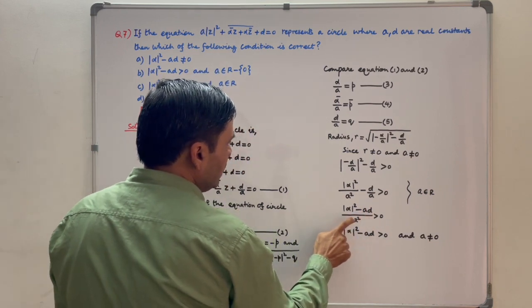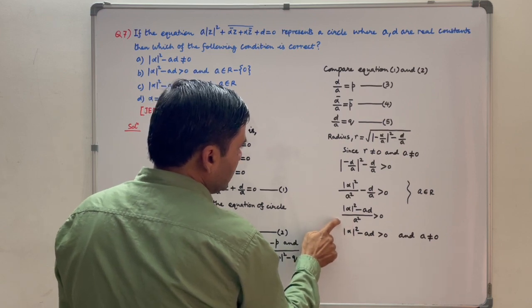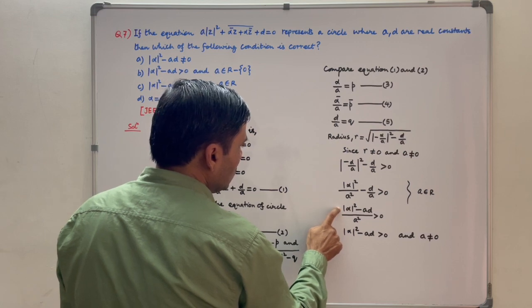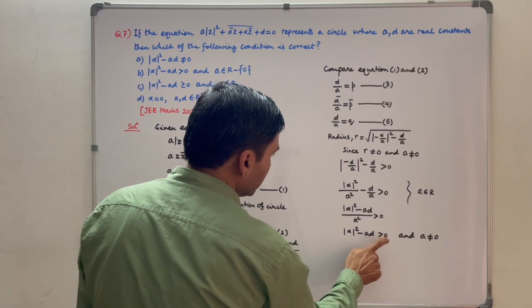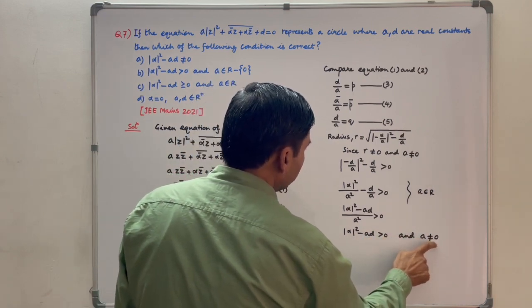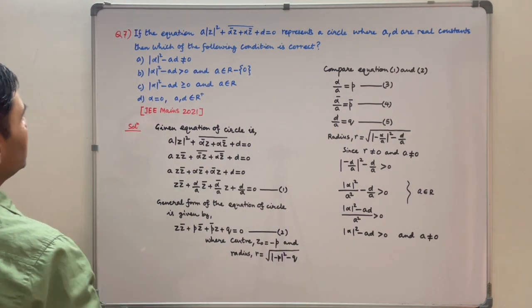If A is real, A square is always positive. So for this inequality to be greater than 0, the numerator should also be greater than 0. So the condition is mod alpha square minus AD is greater than 0 and A is not equal to 0. Also A is real. So the correct option is option B.